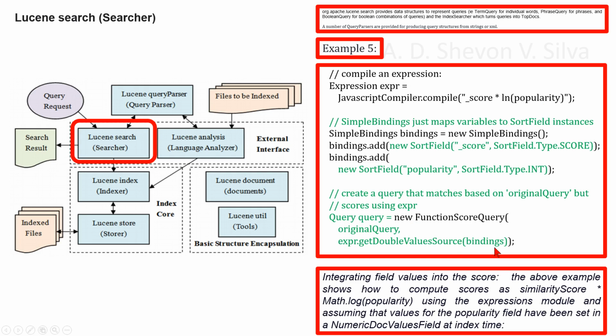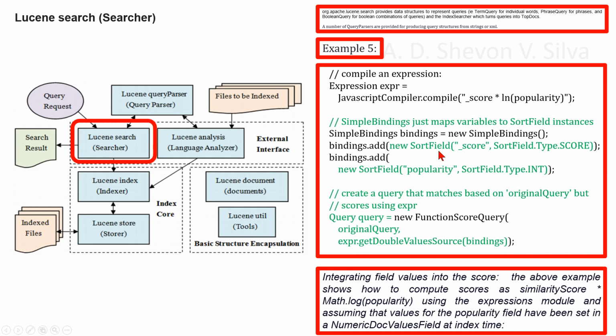Here the SortField stores information about how to sort documents by terms in an individual field. Fields must be indexed in order to sort by them.